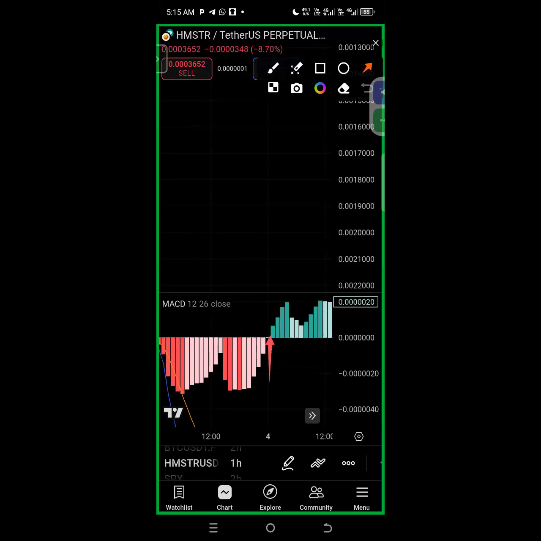You can see there is always a change, right? So when the histogram is green, it's identified as bullish. When the histogram is red, it's identified as bearish.